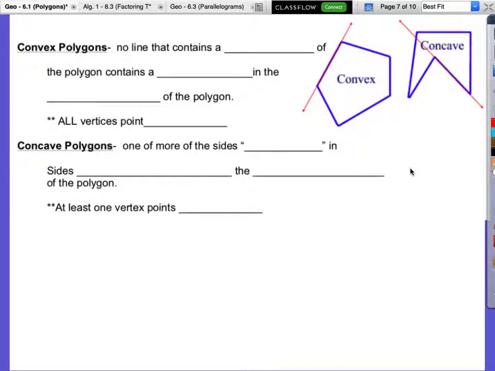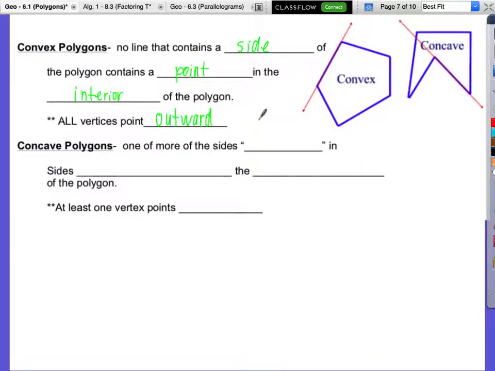A convex polygon is a polygon where no line that contains a side of the polygon contains a point in the interior of the polygon. So pretty much all vertices will point outward.